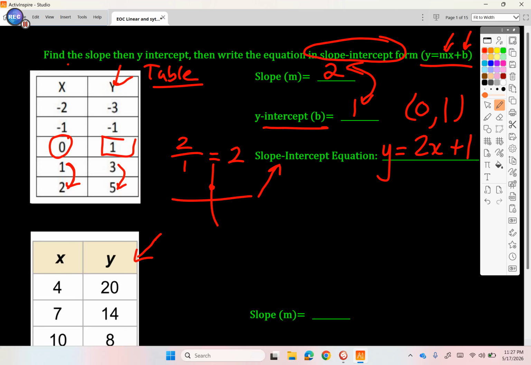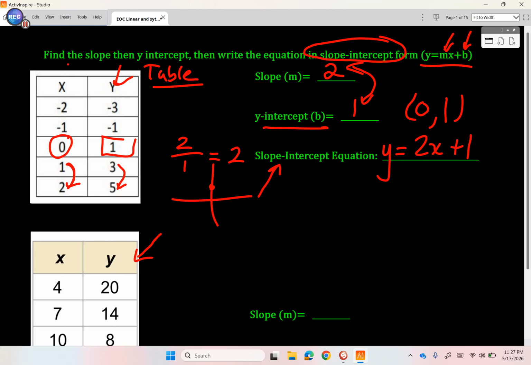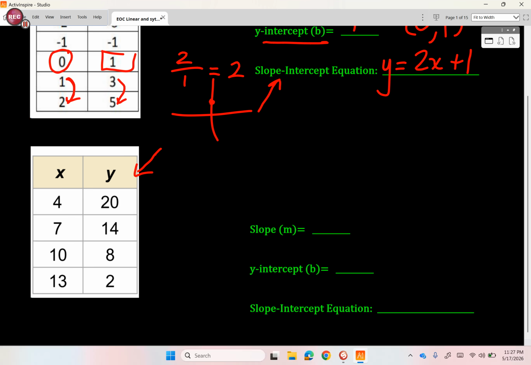Now let me show you one where you have to do a little work to figure out the y-intercept. So slope is the same, right? From 8 to 2 and from 10 to 13.